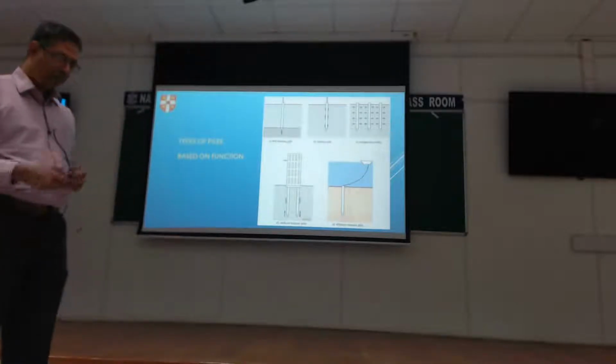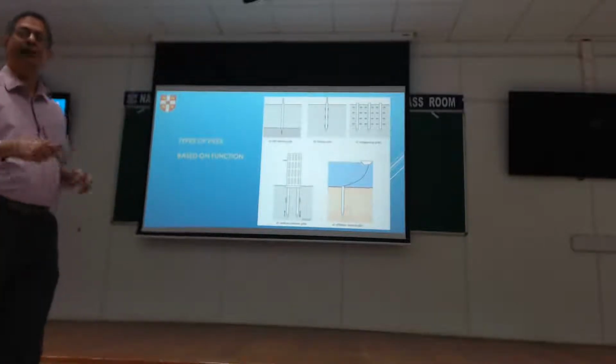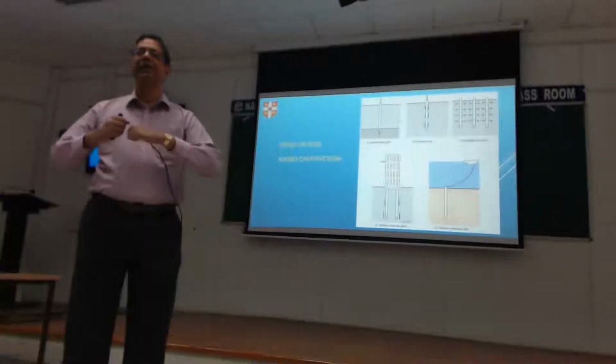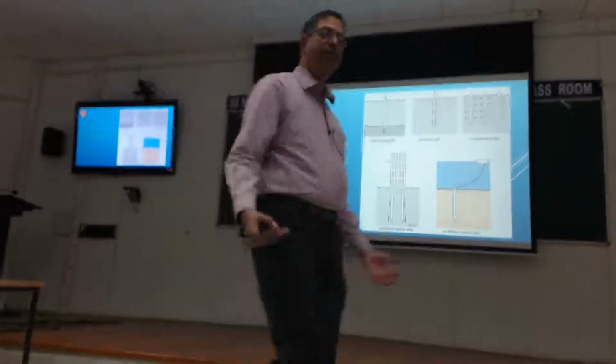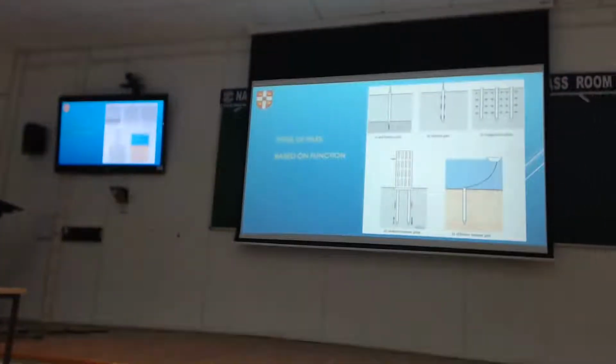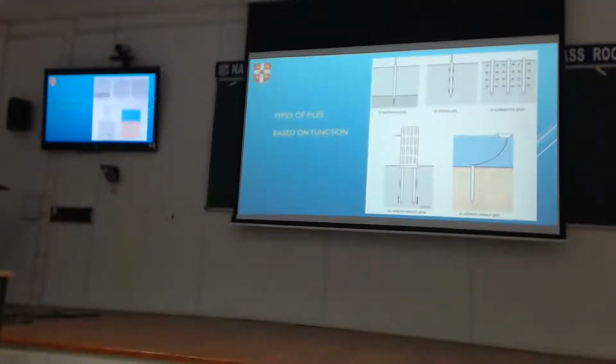You can have these compaction piles where you drive a lot of them in close proximity so that you jack up the horizontal stresses and therefore make the ground stronger due to compaction. When you do this, it's important you realize that it's not so much the volume change causing densification.